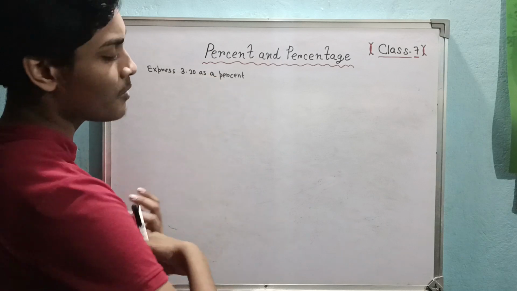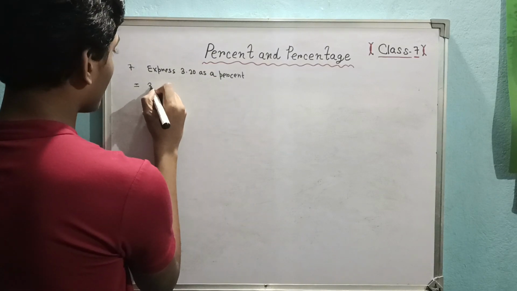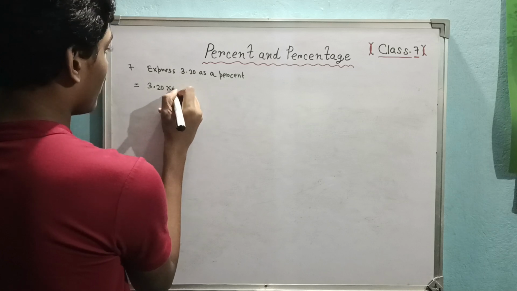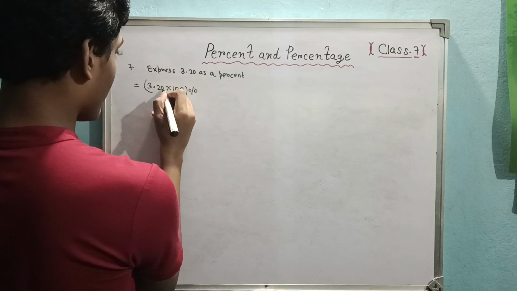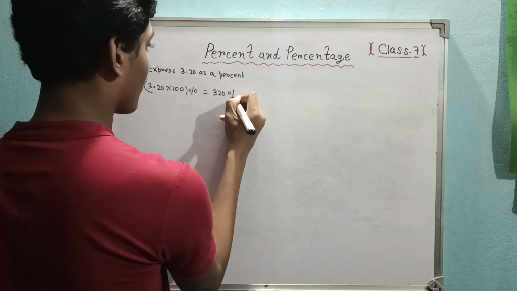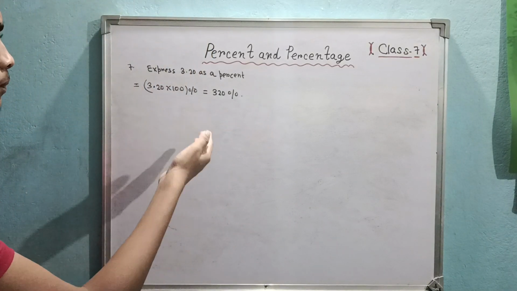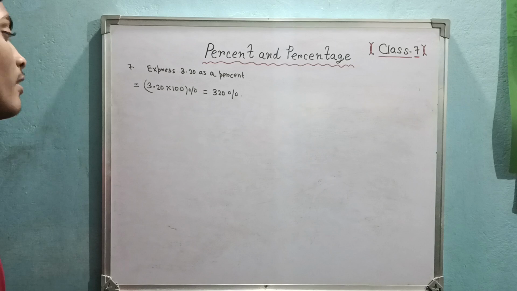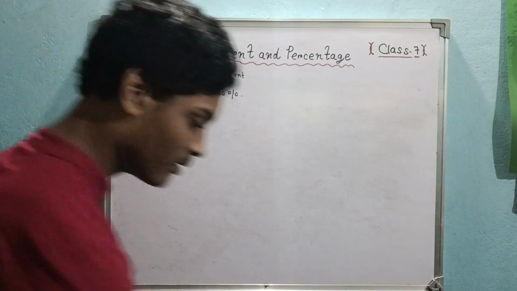Simple. x to be represented as percent means x into 100, so this will be equal to 3.20 into 100%. Just shift the point here as 2 zeros are there. That means equal to 320%. That's it. Simple. x equal to x into 100%. I already told you before. Just get the answer like that.